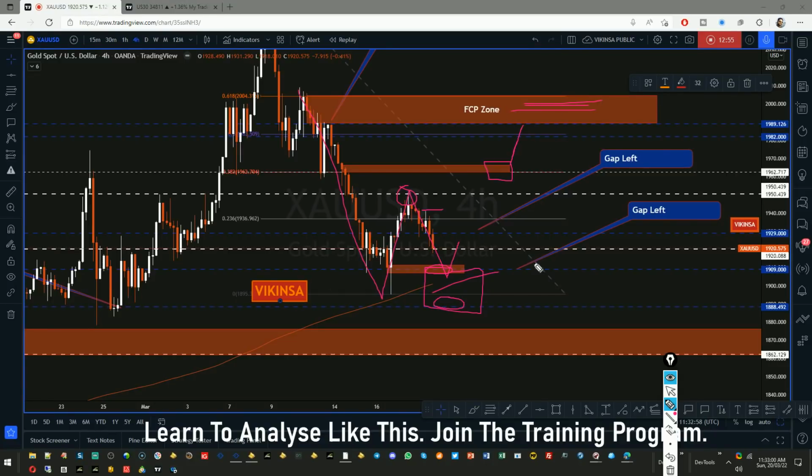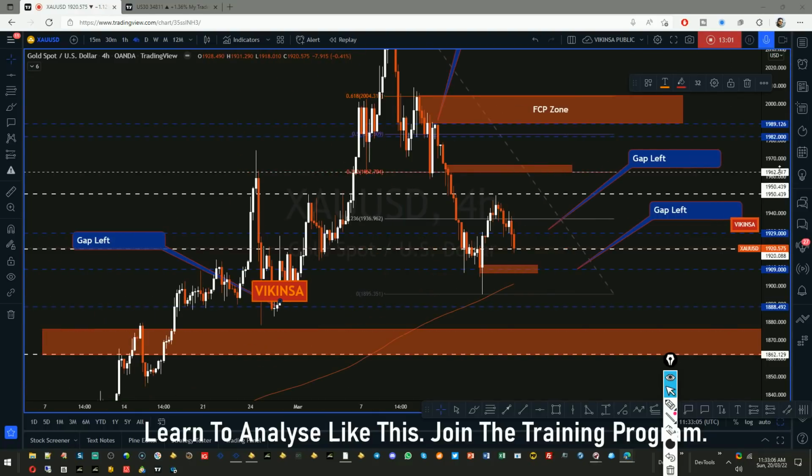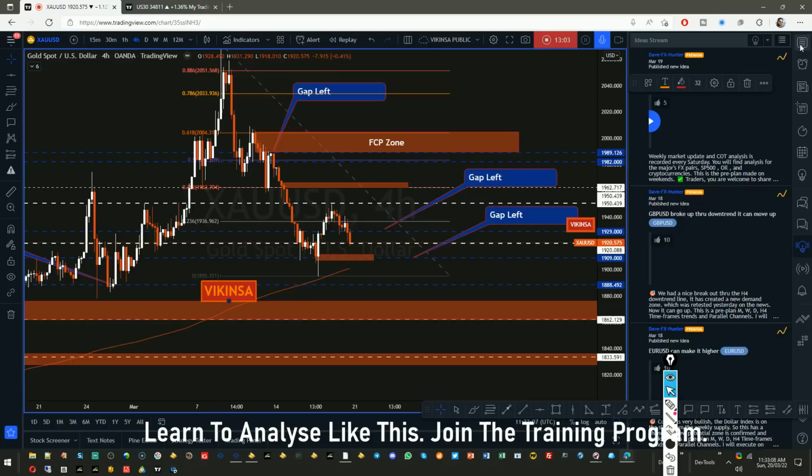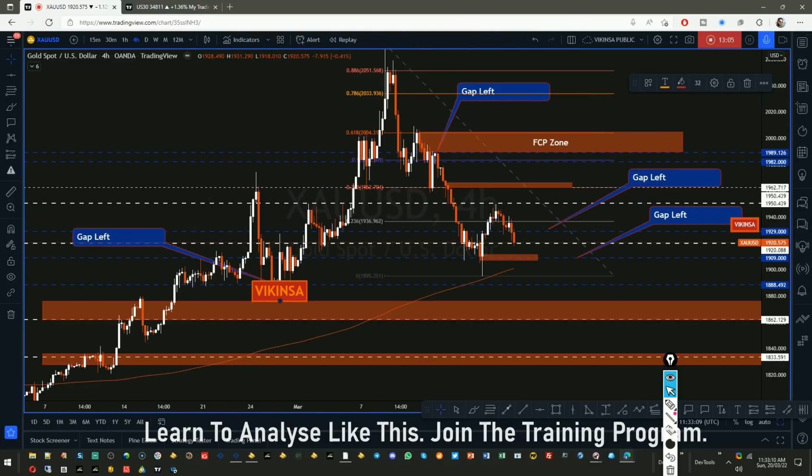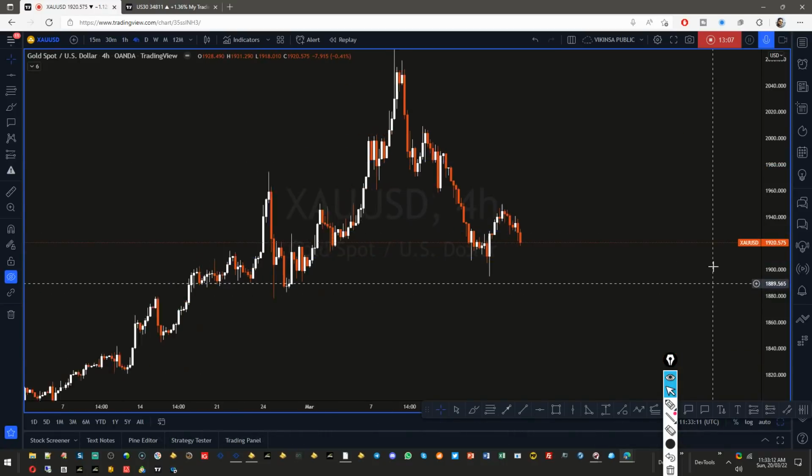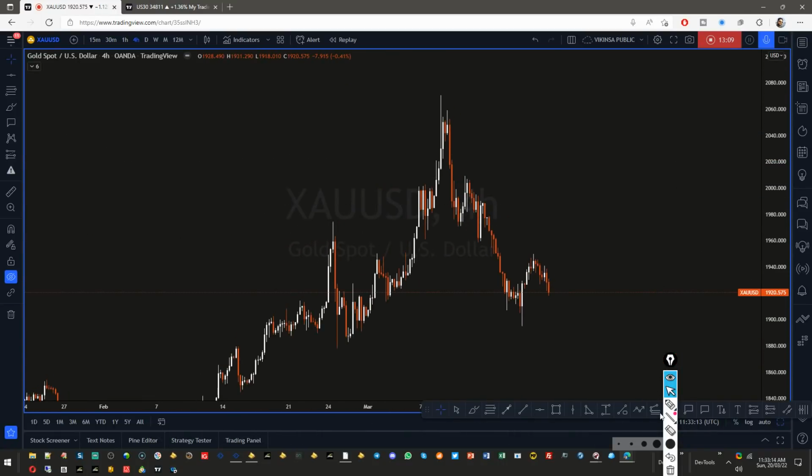Beware of a few things here. If I just switch this off, the market overall could also be creating a head and shoulders sort of pattern.